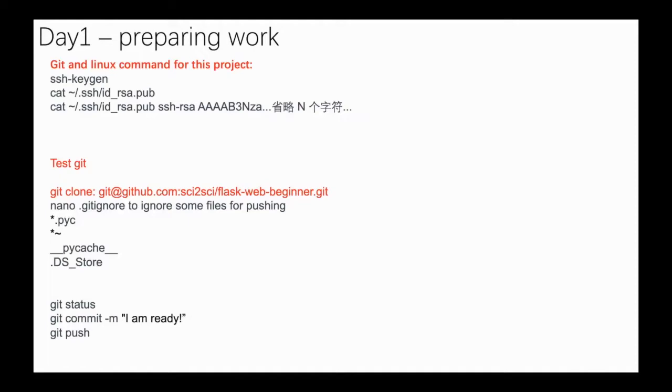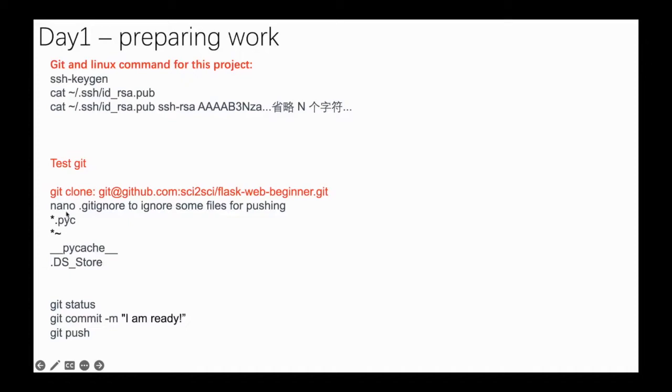Of course, we will test GitHub. For example, if we have created a GitHub repository, a project repository, you just git clone from your GitHub. And if you don't want to push some files generated by the project, you just create a .gitignore file to ignore some files.